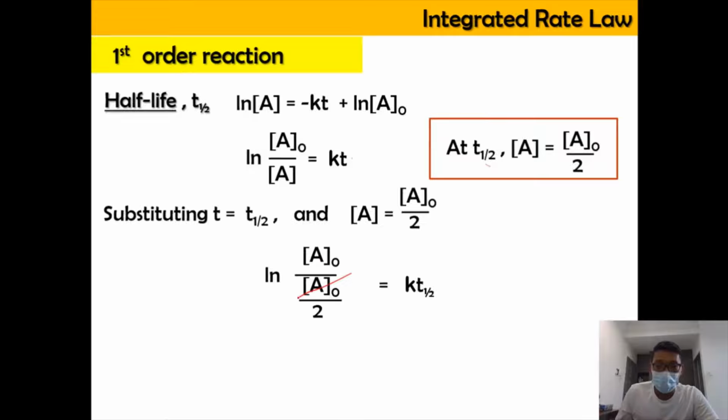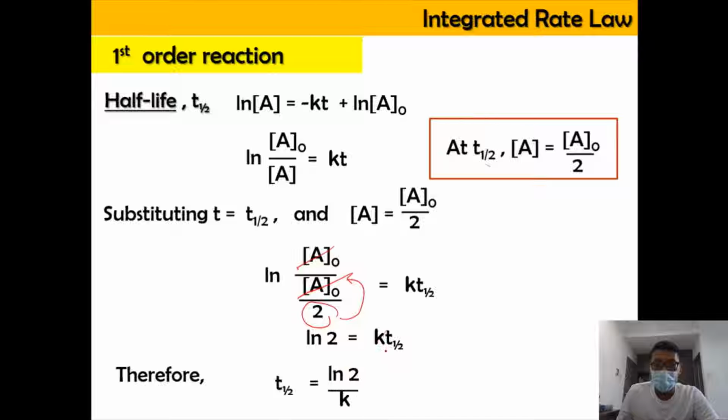So here and here can be cancelled out, and 2 is going to be the subject. So it's going to be ln 2 equal to kt half. So the half-life t half is going to be ln 2 over k.